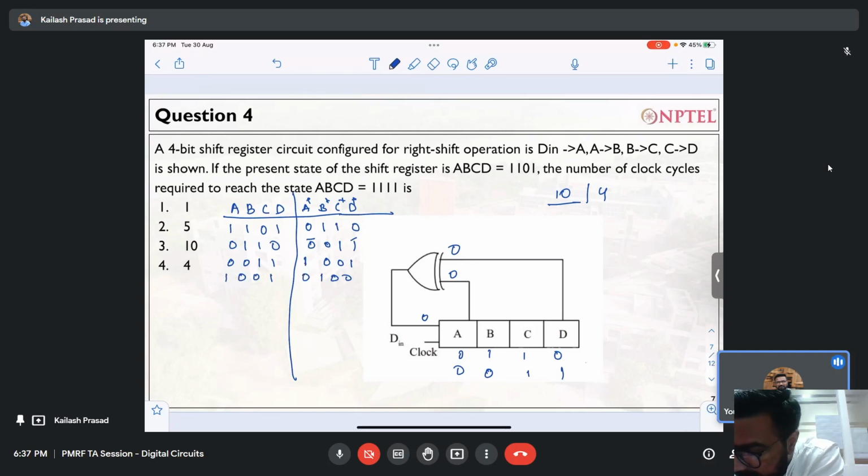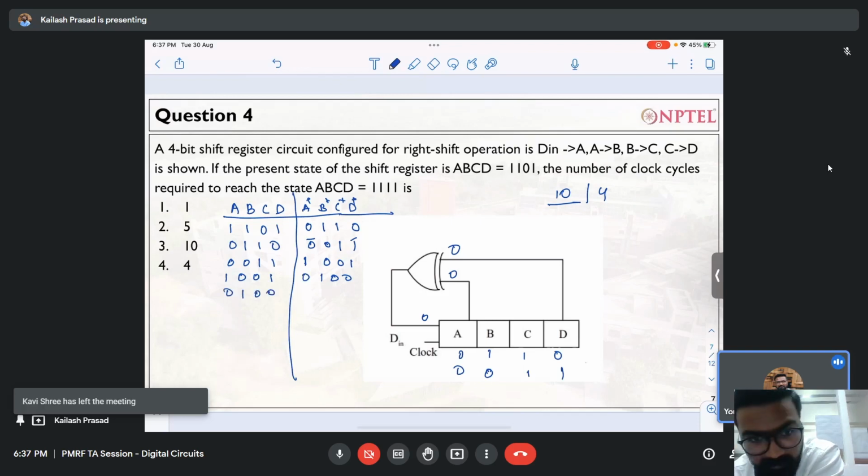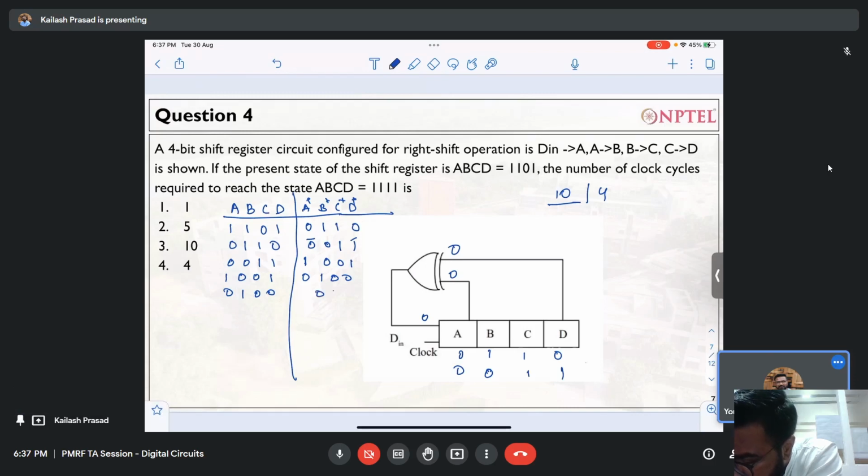Then if 0 1 0 0 is here, this will be 0 1 0, and the XOR of 0 and 0 is 0. Similarly, if 0 0 1 0 is here, this will be 0 0 1 and XOR of 0 0, so that will be again 0.